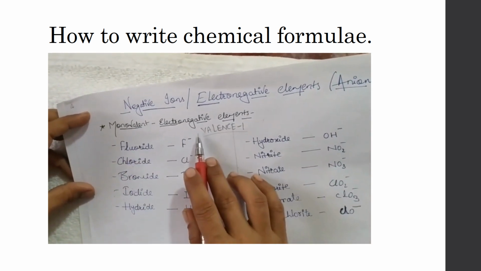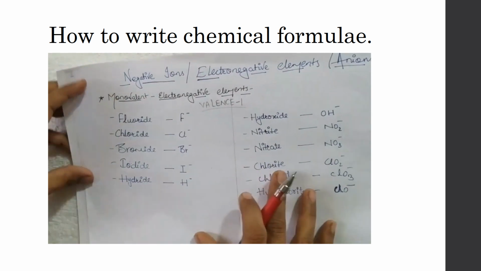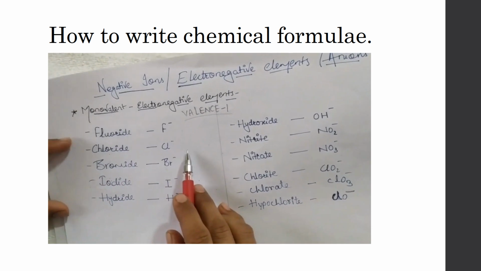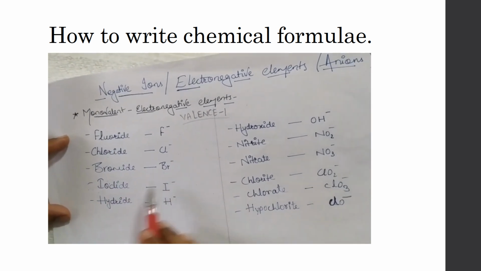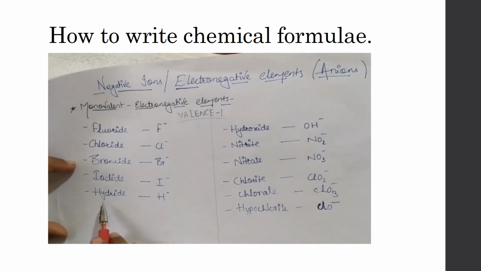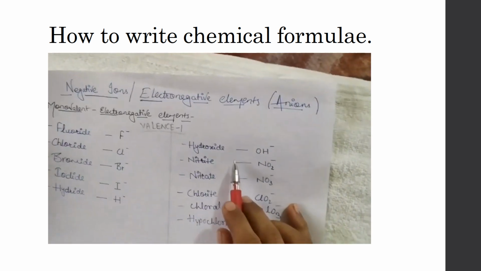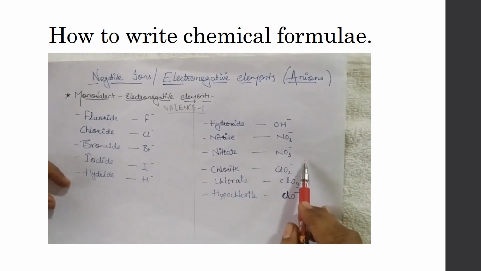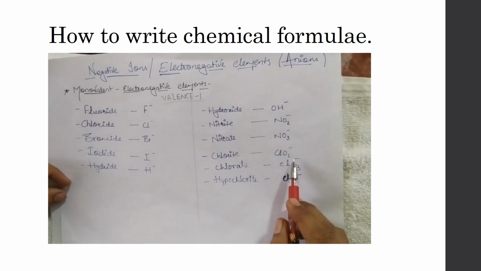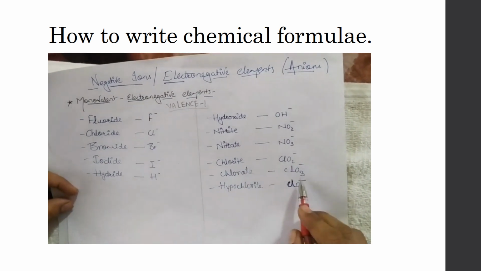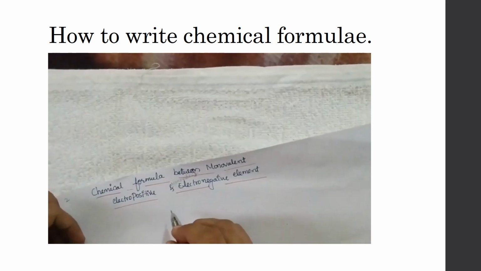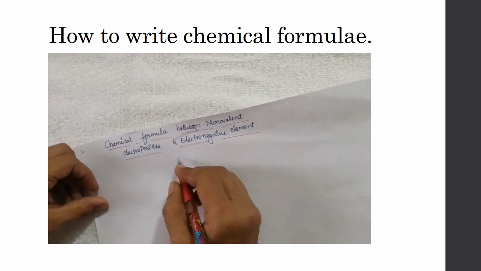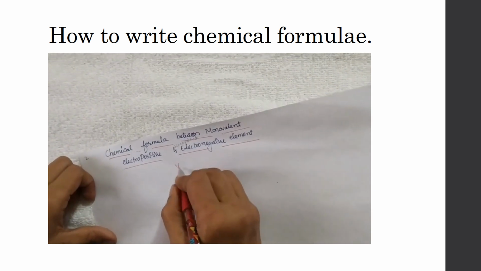Monovalent electronegative elements are in this chart: fluoride F-, chloride Cl-, bromide Br-, iodide I-, hydride H-, hydroxide OH-, nitrite NO2-, nitrate NO3-, chlorite ClO2-, chlorate ClO3-, hypochlorite ClO-. Both these monovalent electropositive and electronegative elements have valency 1.